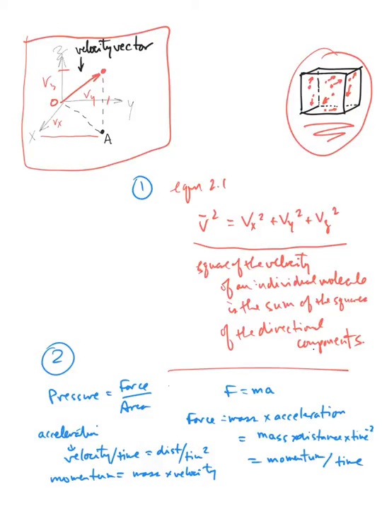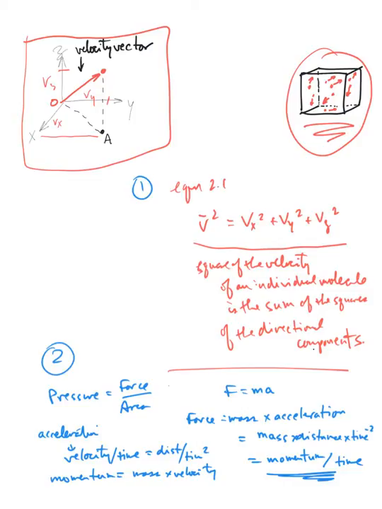Okay? So this ends up being a key finding. The force of a collision is going to be its momentum over time. How many different transfers of momentum there are in a particular unit of time.